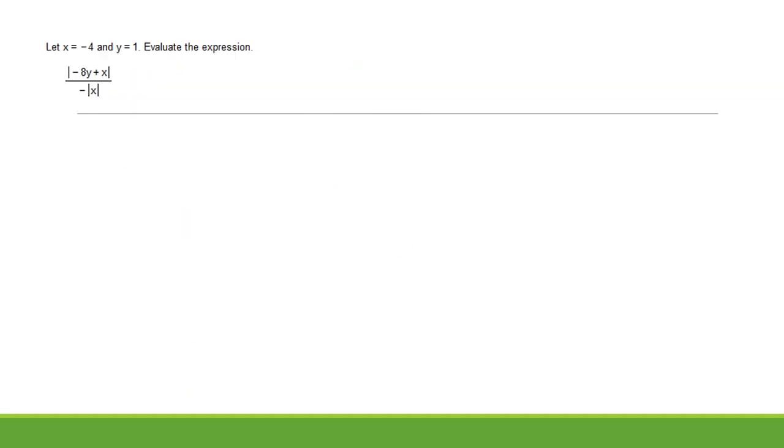Let's evaluate x equals negative 4 and y equals 1 for the following expression. What that means is we're going to do some substitution. We'll replace the y with 1, and we'll replace all of the x's with a negative 4.